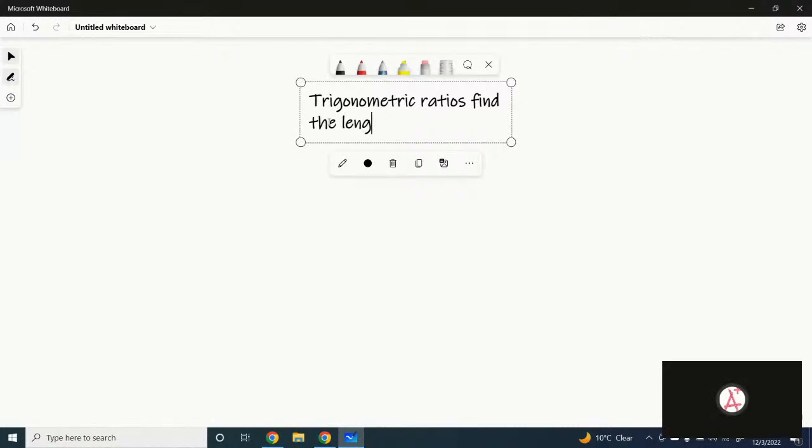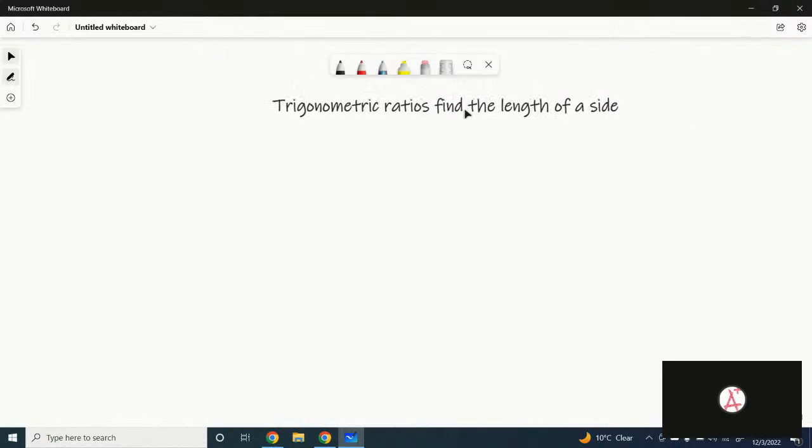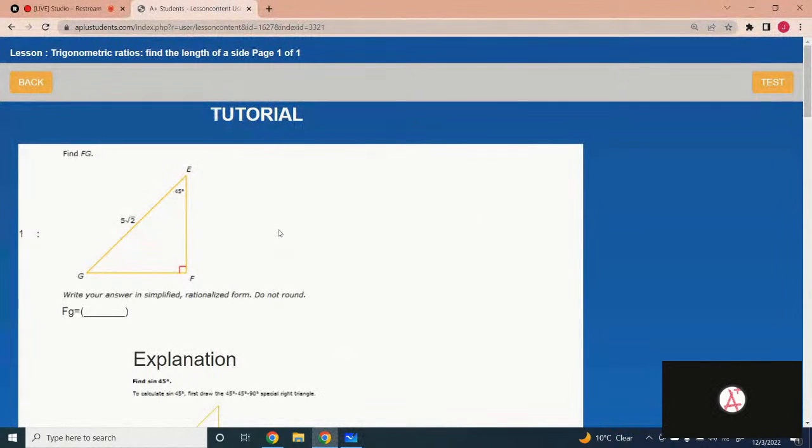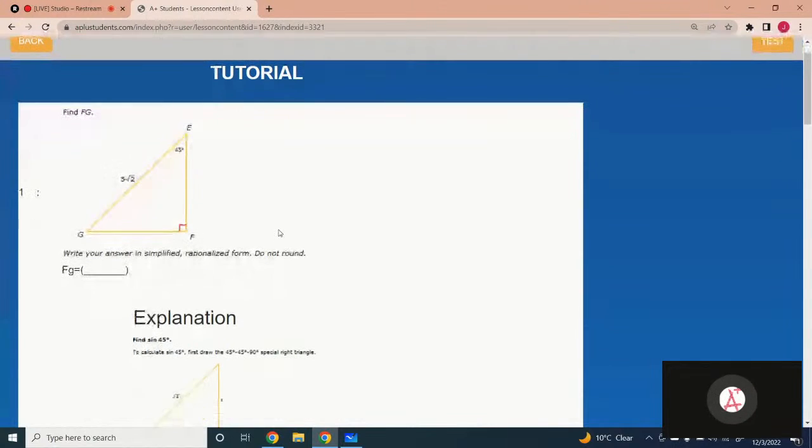Find the length of a side. Okay, let's just start with the example. Trigonometric ratios. So here is the first example, the first question we're going to start with. You have to find.